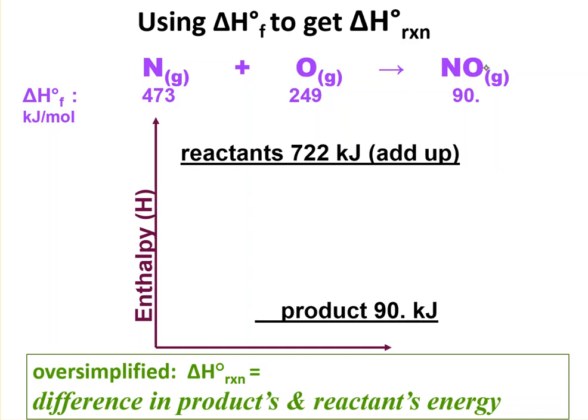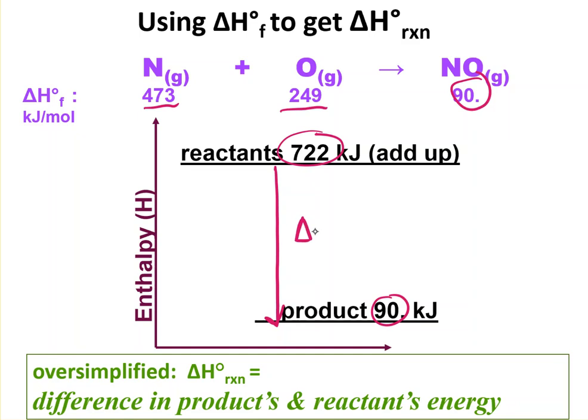And I'm making this product, nitric oxide, nitrogen monoxide, the IUPAC name. But anyway, if I add up the amount of energy in the reactants, adding these two numbers to get this, and then look at how much energy is in the product, I can see that this is going to be an exothermic reaction.